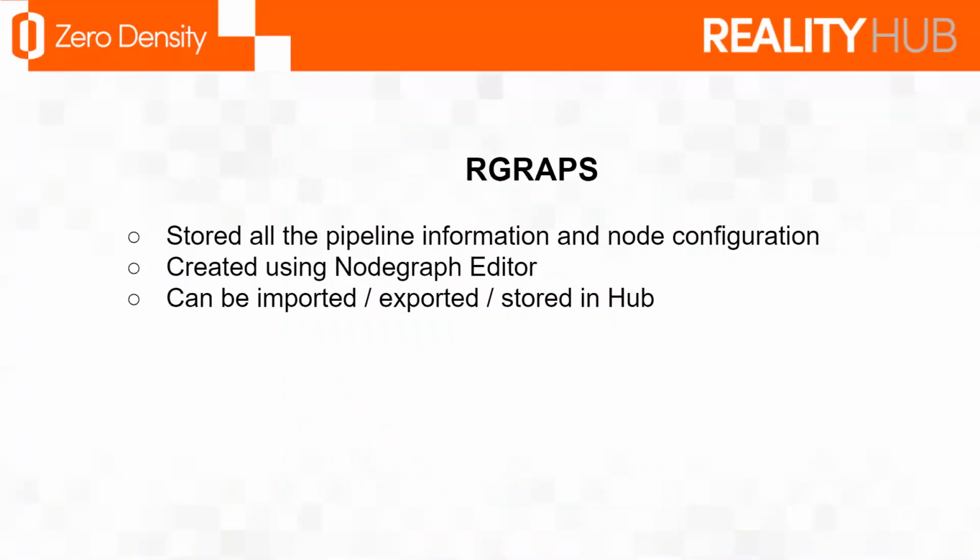To create and configure the system and compositing pipelines, we are using rgraphs through the node graph editor. Rgraph is the extension of the file we were using on our rgraph files. So we use the same name on the RealityHub, but the storage location will not be the local disk storage actually.